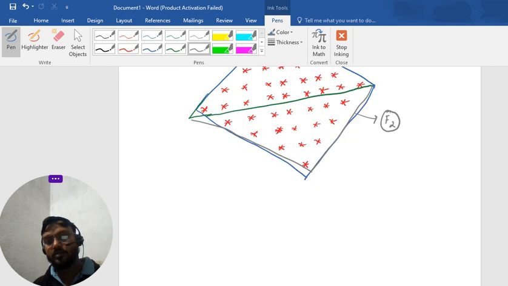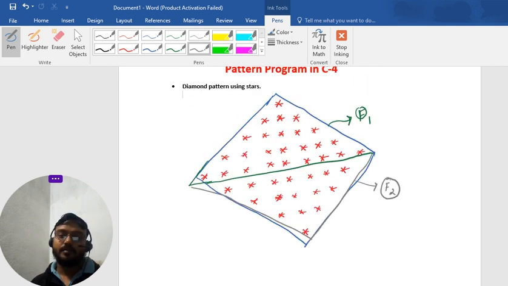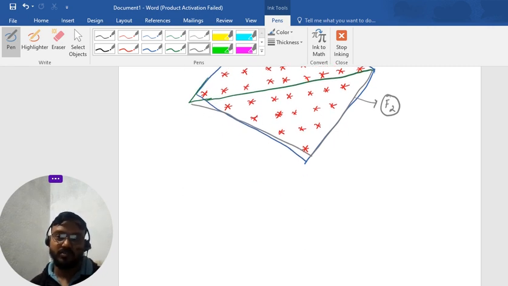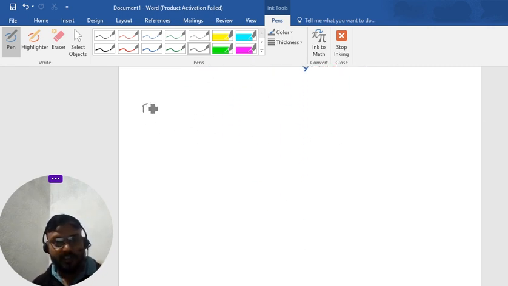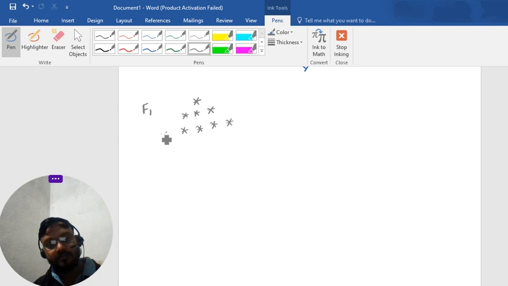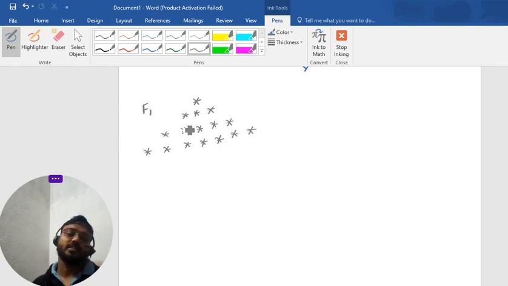So first I need to code for F1, then I'll just reverse that for F2, right? So the F1 figure is nothing but like this, correct? This is my F1 figure.